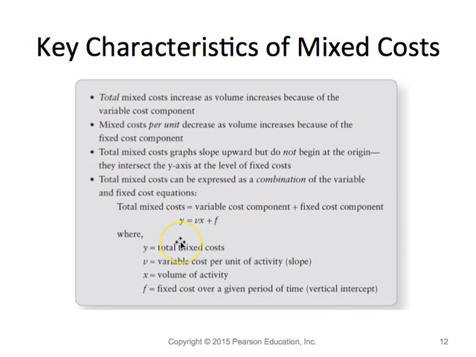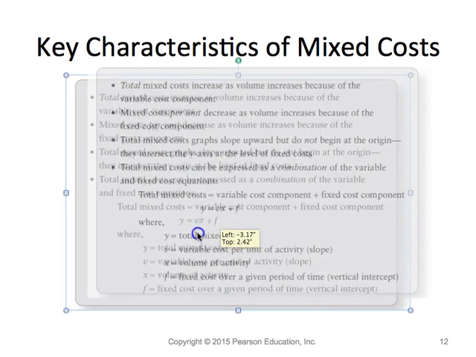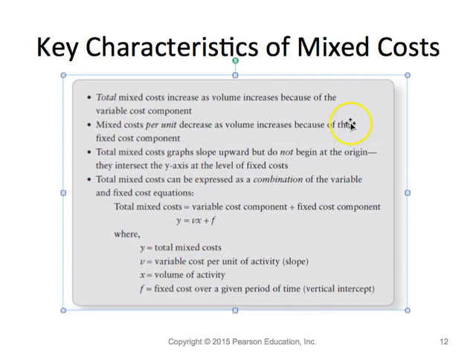This is a straight line. If v is always positive, and f is always positive, we're going to see a straight line always going up. And f is the intercept: when x equals 0, y equals f. So the line starts at f, the point 0 comma f, and goes up like that.